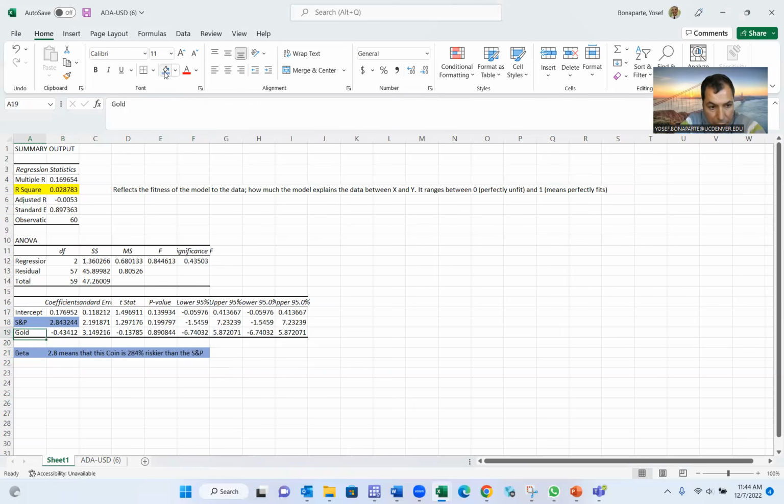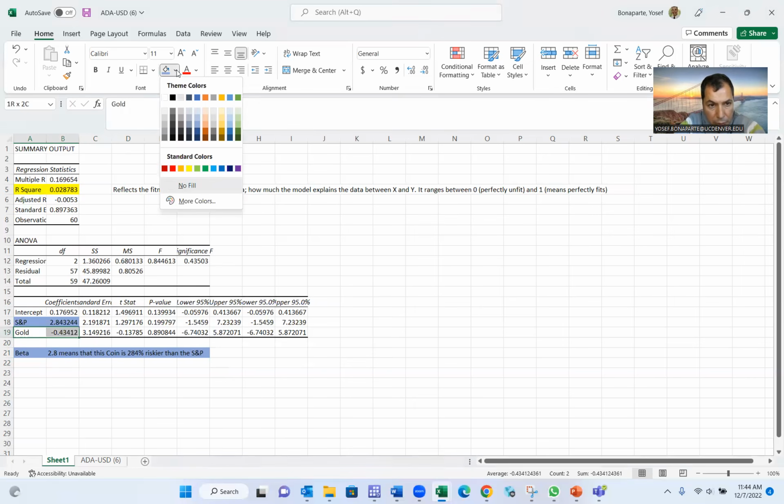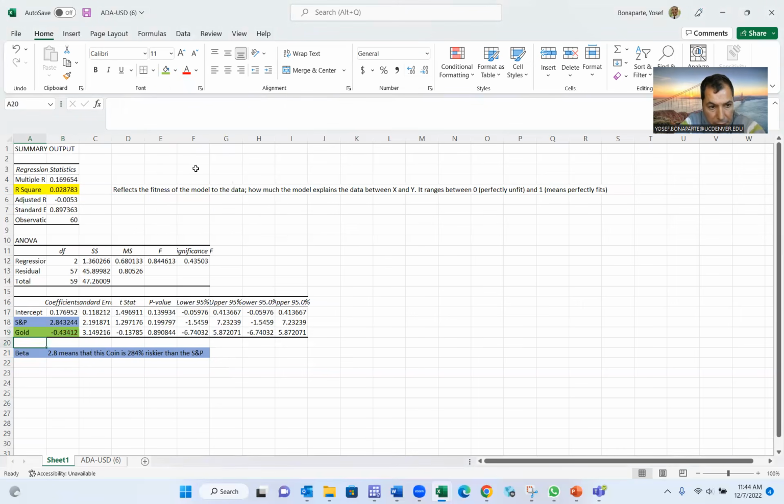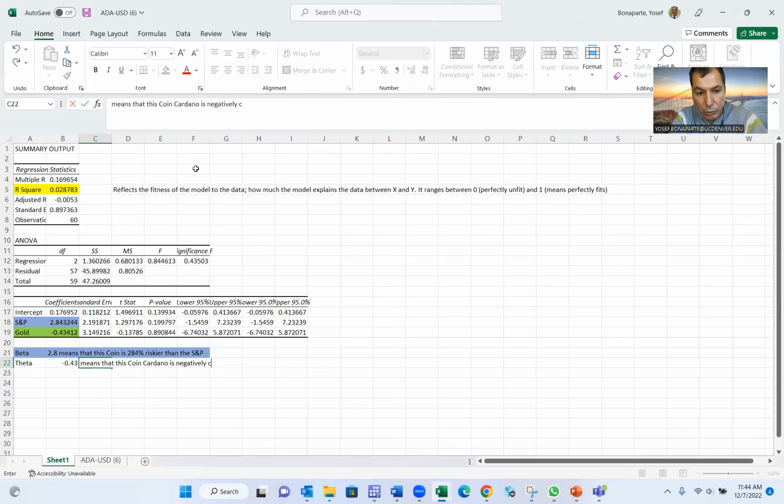Next, theta, this is our theta. I'm going to put it in green. Theta is negative 0.43. That means that this coin, in this case Cardano, is negatively correlated with gold.